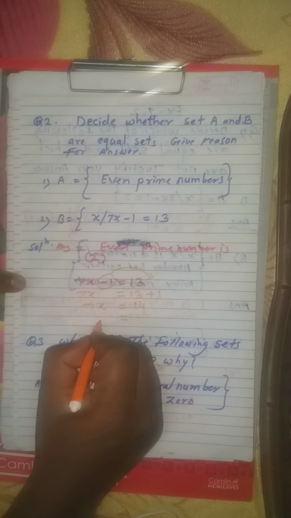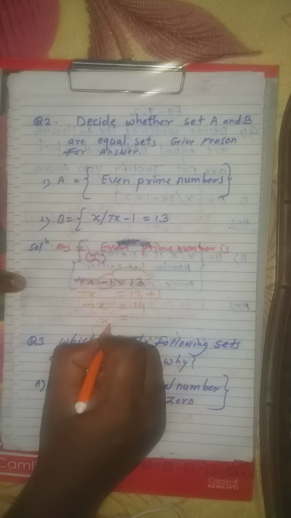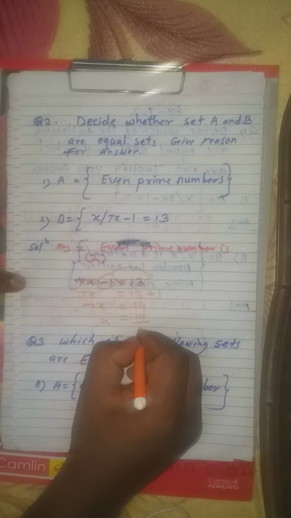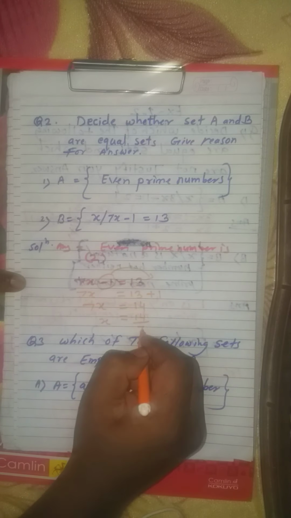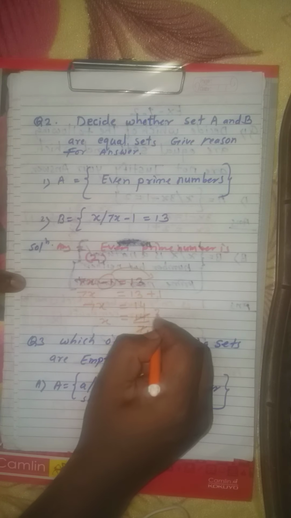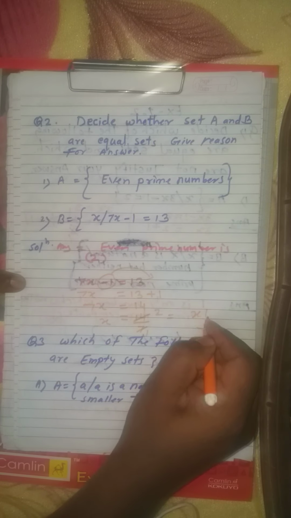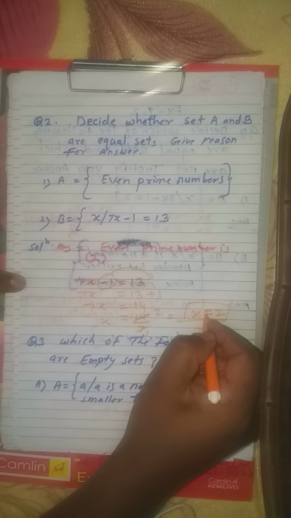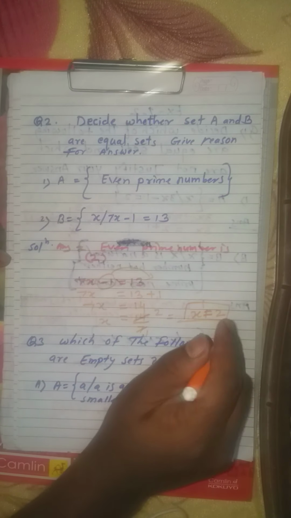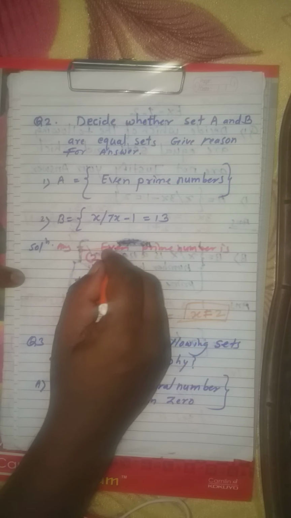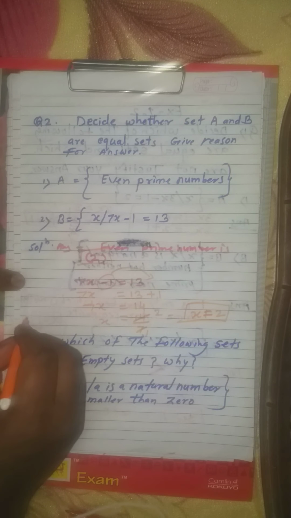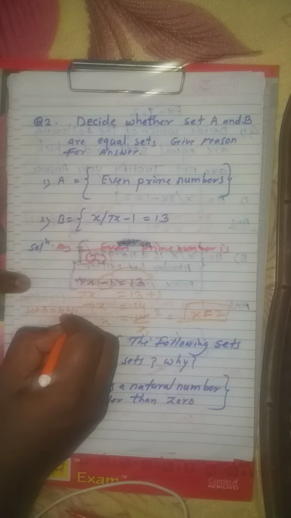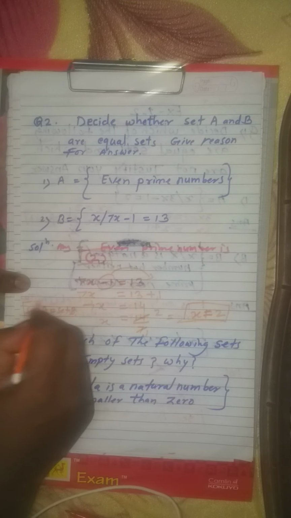We have to find the value of x. x is equal to 14 upon 7, the 7 will go in the division like this. Now 7 ones are 7, 7 twos are 14. So x is equal to 2. Now both the sets have the common answer, that is 2. Therefore set A is equal to set B is our answer.